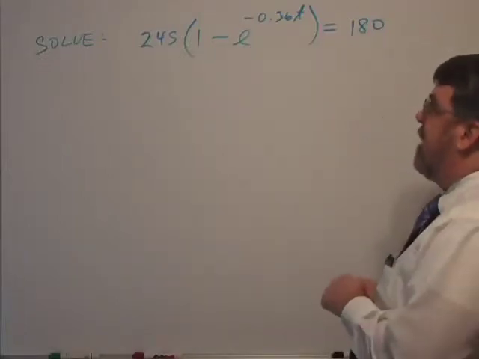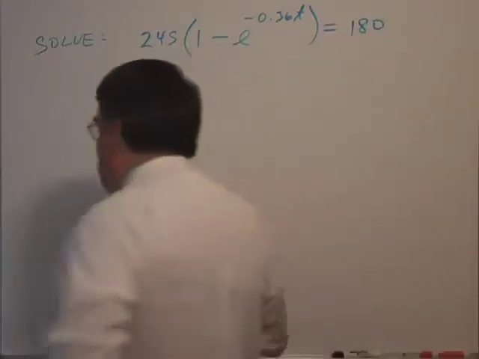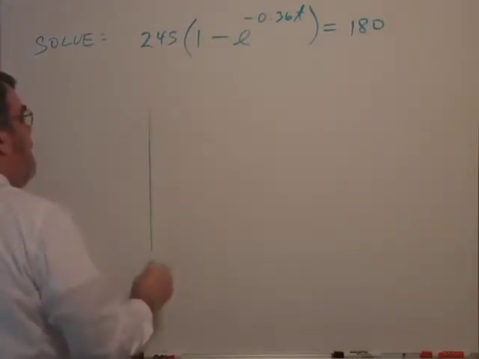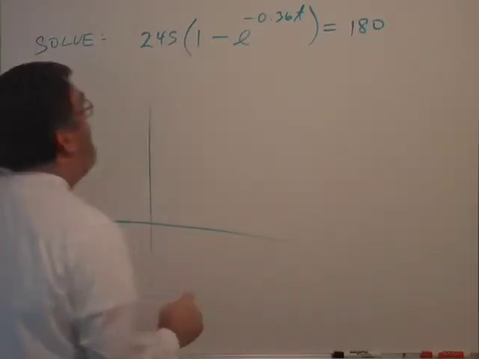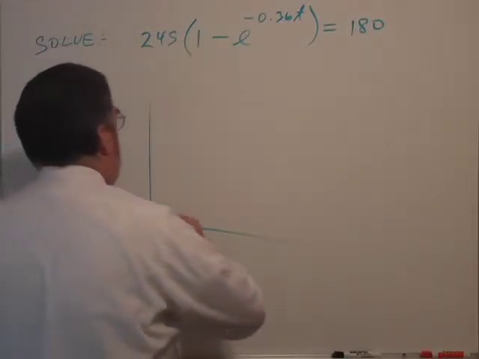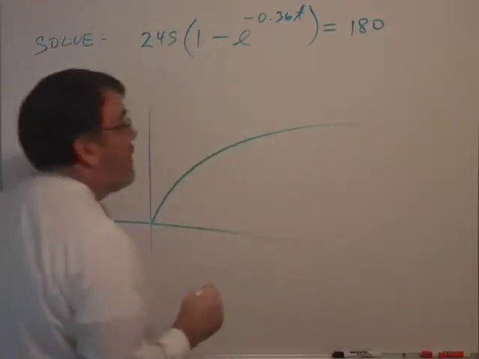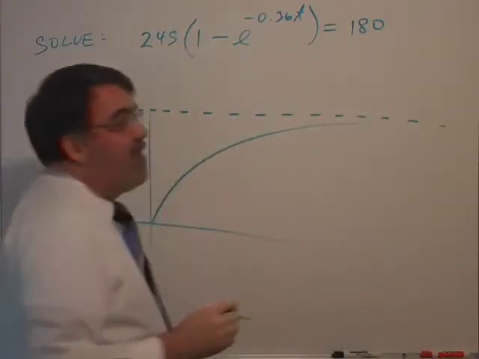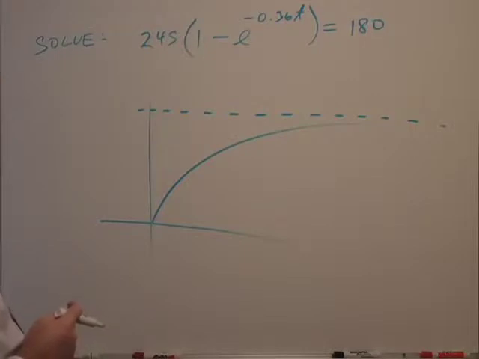Let me sketch the graph of it so you get a sense of what it looks like. It's an exponential function, and it would go down this way, incidentally.